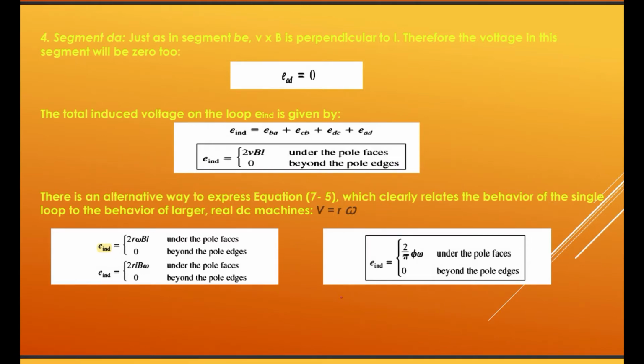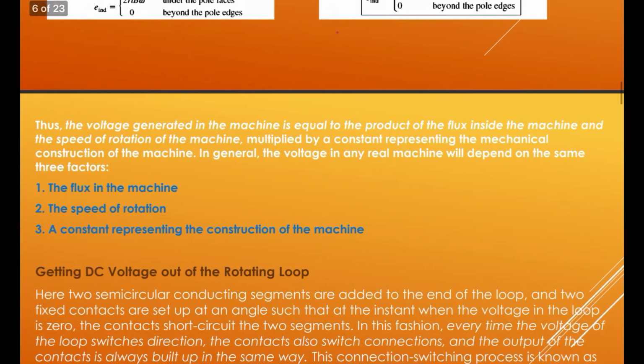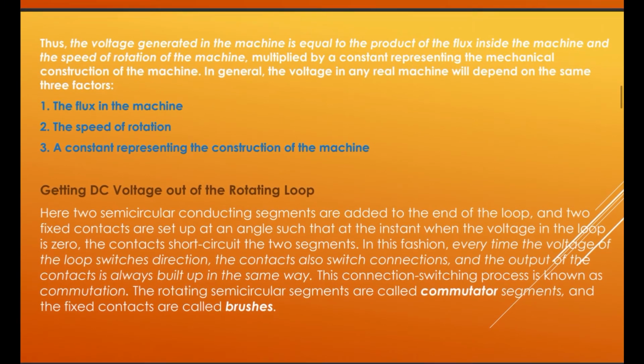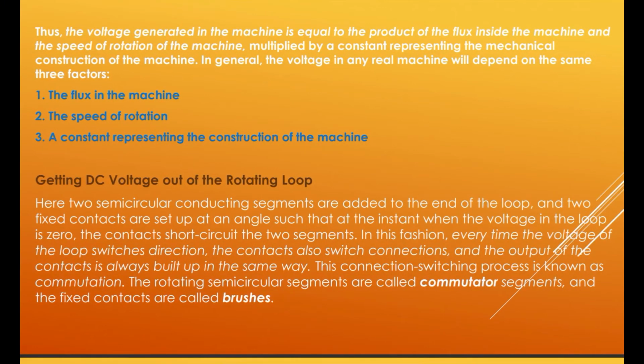Let's move to the next slides. Thus, the voltage generated in the machine is equal to the product of the flux inside the machine and the speed of rotation of the machine multiplied by a constant representing the mechanical construction of the machine.